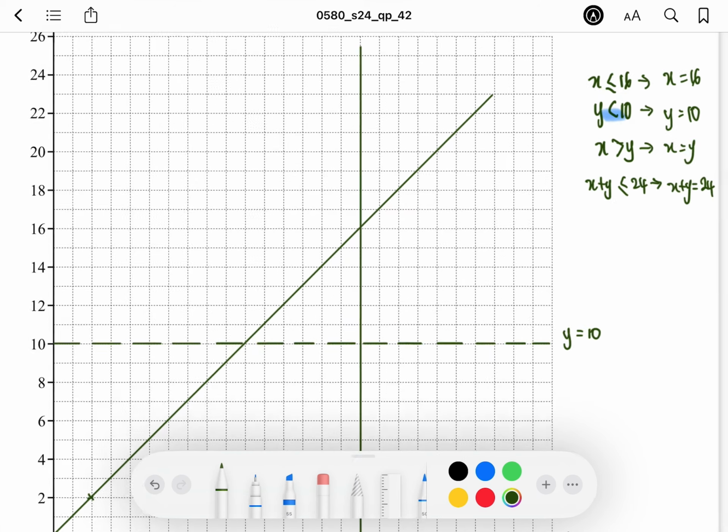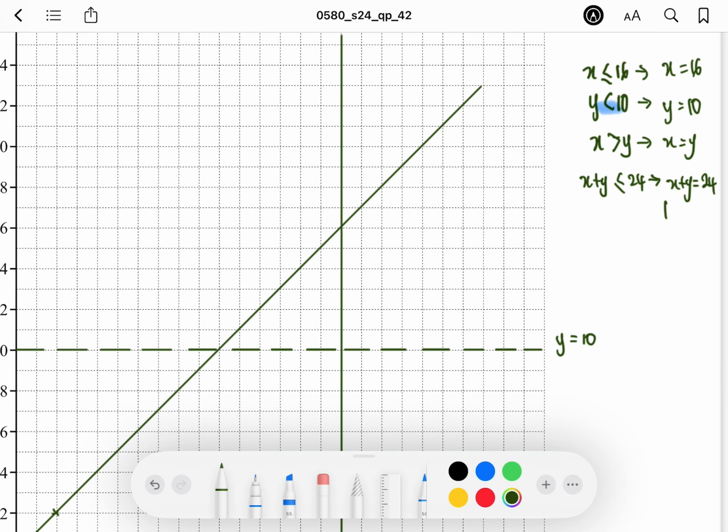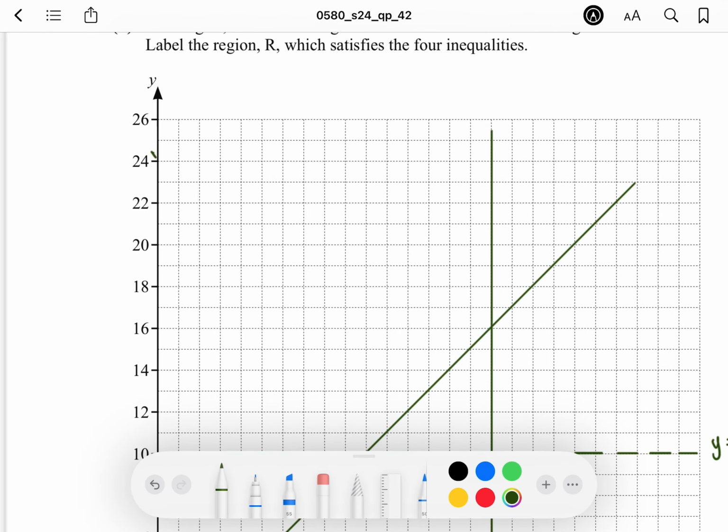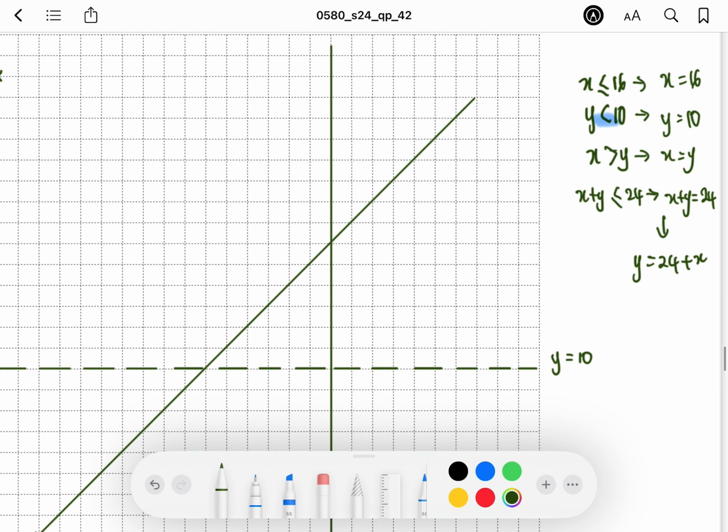Okay, that one you can also use y equals to mx plus c. So that's 24 plus x, which means your y-intercept is at 24. Coefficient of x is 1.